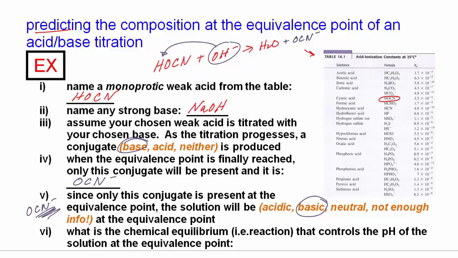What is the chemical equilibrium, i.e. reaction, that controls the pH of this solution at the equivalence point? Okay, before, when we started, the Ka reaction determined the pH because all we had present was cyanic acid. But now at the equivalence point, all we have present is its conjugate base.